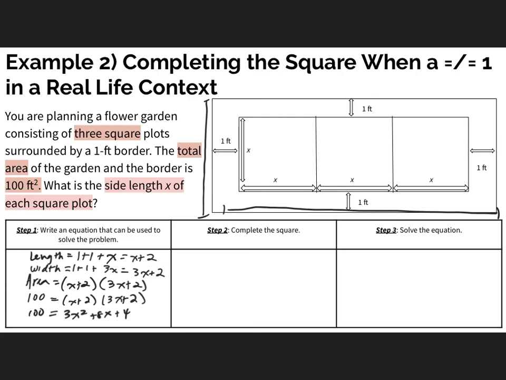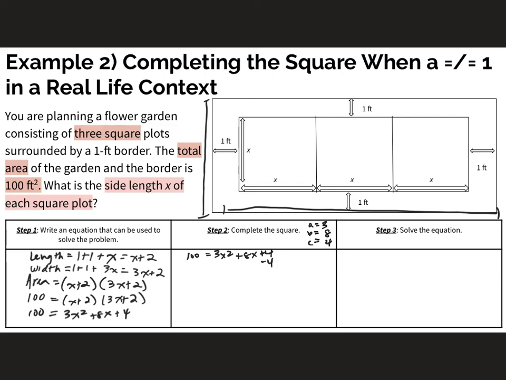So when I complete my square, I have 100 equals 3x squared plus 8x plus 4. First thing I'm going to do is figure out what my a, b, and c are. So my a is 3, my b is 8, and my c is 4. What I can do is subtract 4 first.